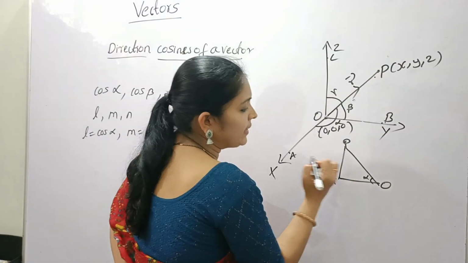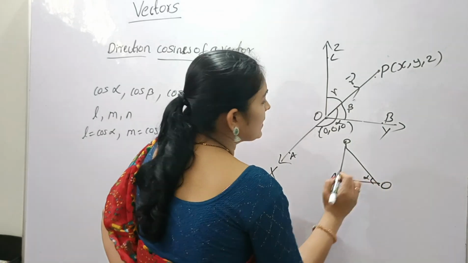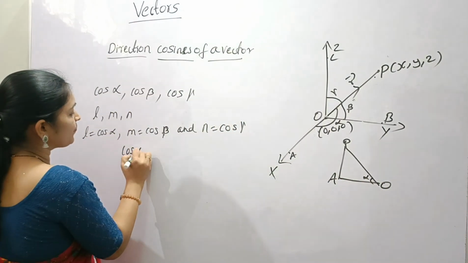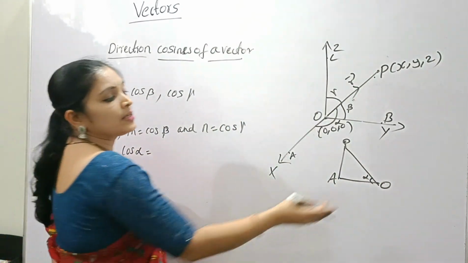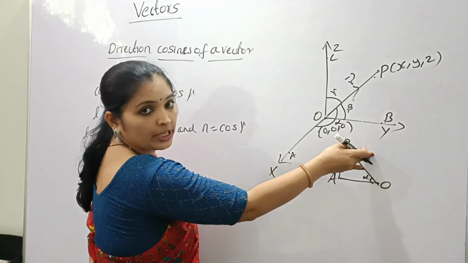So in this we can write cos alpha is equal to, what is cos alpha? Adjacent divided by hypotenuse, right?